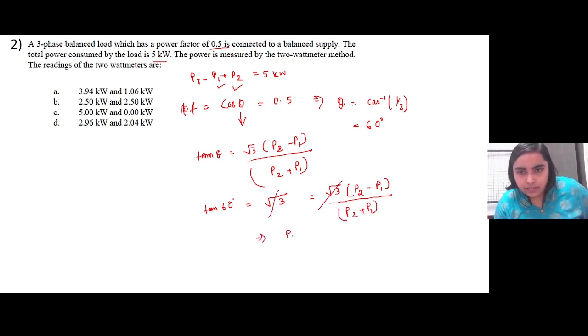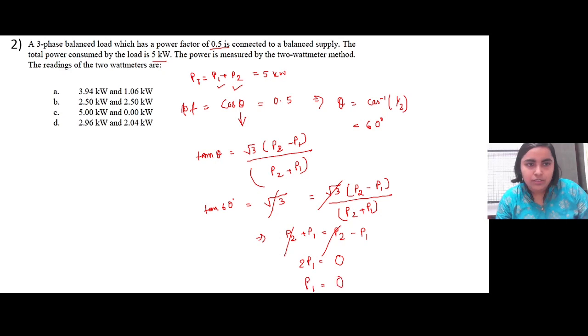It is P2 plus P1 equal to P2 minus P1. So what will be the value of P1 here? 0, right? This will go away. So P1 is equal to 0. Then P2 will be equal to 5 kilowatt from this equation.